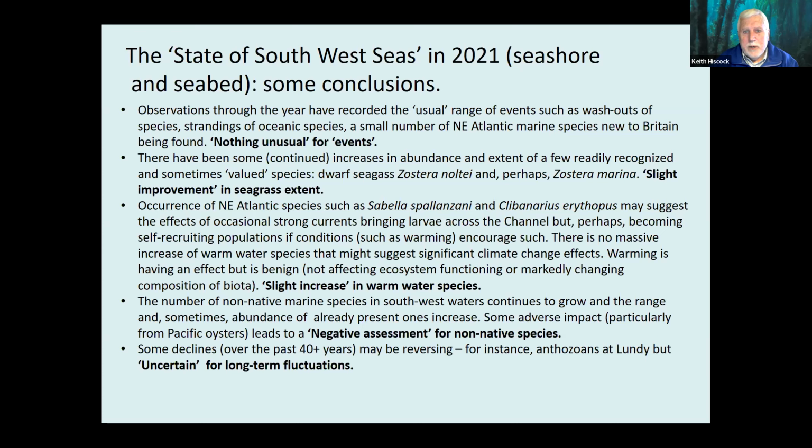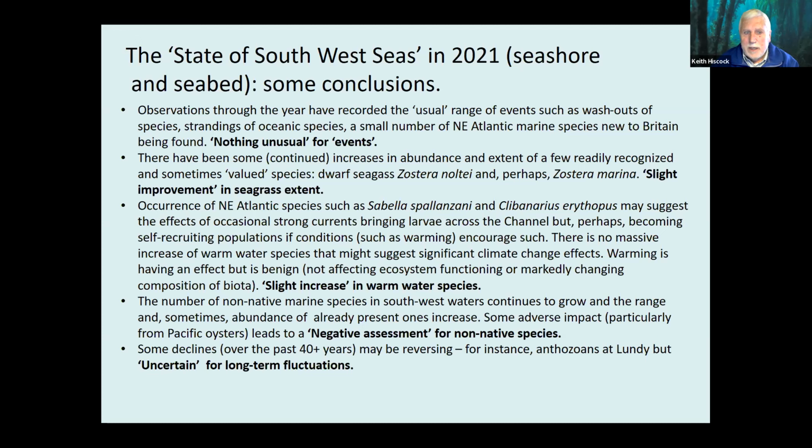There have been some continued increases in abundance of some valued species, so a slight improvement in seagrass extent. Currents of Northeast Atlantic species may suggest the effects of occasional strong currents bringing larvae across the channel, but also perhaps self-recruiting populations if conditions such as warming encourage such.